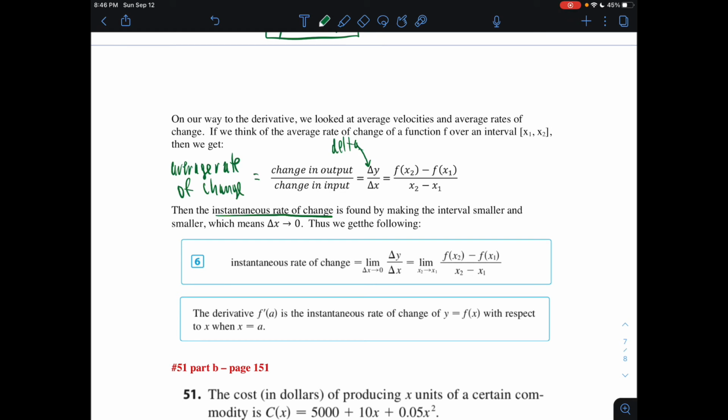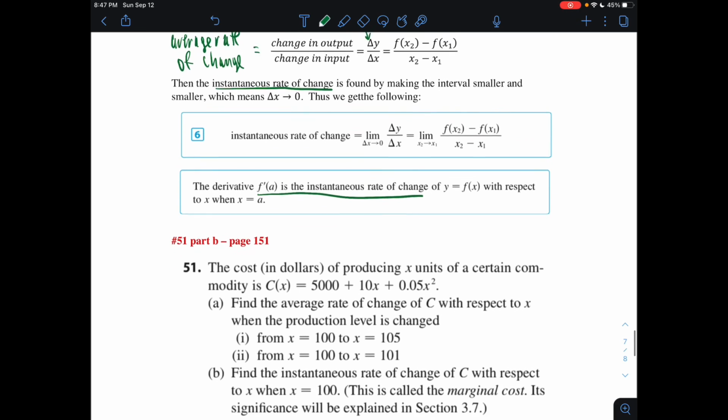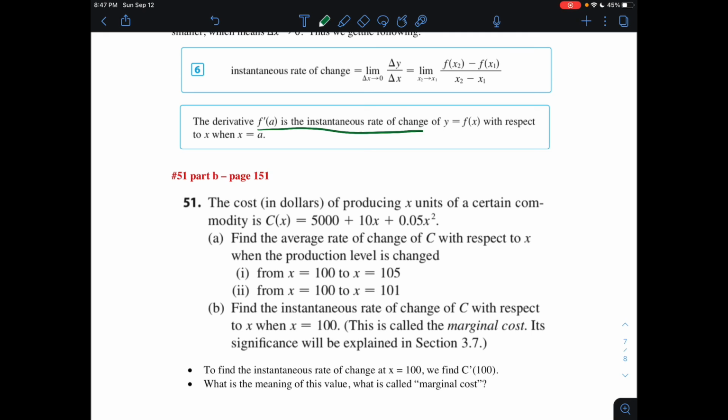The derivative f prime of a is the instantaneous rate of change of y = f(x) with respect to x, meaning the independent variable, when x is equal to a. So let's see a different concept then, using this idea of instantaneous rate of change, something outside the idea of tangent lines and velocity. This comes from number 51 on page 151, and I'm just going to look at part B of this question.